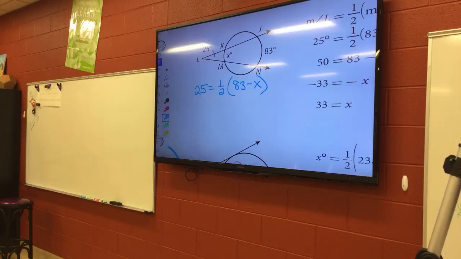So if I'm multiplying each side by 2, and then I subtract 83, what is it, 33? Equals negative x, so 33. How'd you get negative 33? Because x is 50 minus F. Yes.